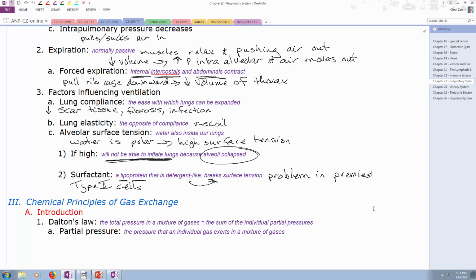What are you doing to the pressure inside your pleural cavity and inside your lung tissue? Because you're creating a negative pressure, aren't you? You've got it all closed off, but you are now trying to increase the volume, which means you decrease the pressure. And as soon as you open up whatever blockage you have, air will flow on in. Well, let's now block our nose and our mouth and try to forcefully exhale.